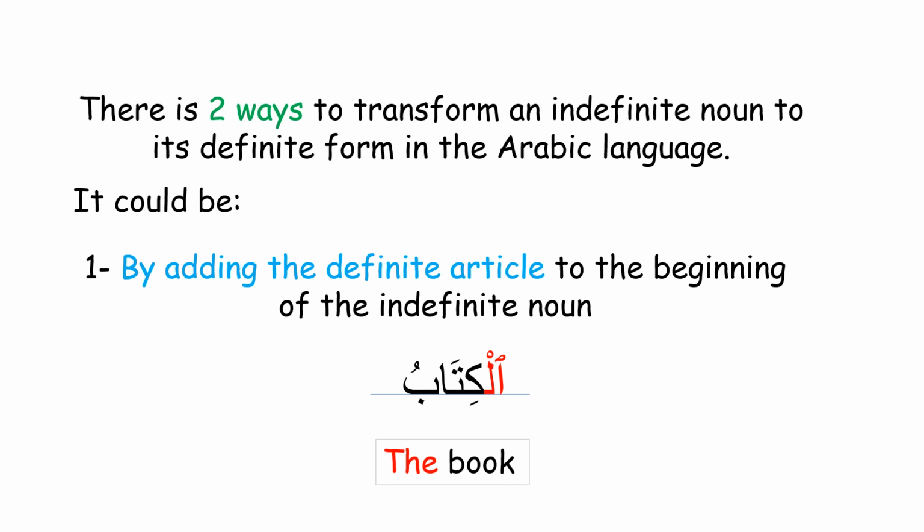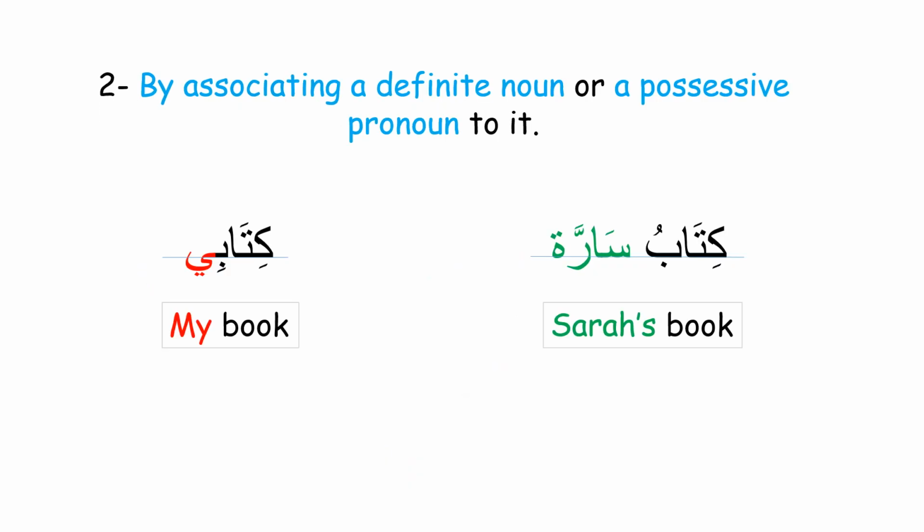Right. When it comes to the Arabic language, there are two ways to change an indefinite noun into a definite one. It could be by adding the definite article al as a prefix, or by associating a definite noun or possessive pronoun to it, i.e., by forming something called إضافة or possessive construction.